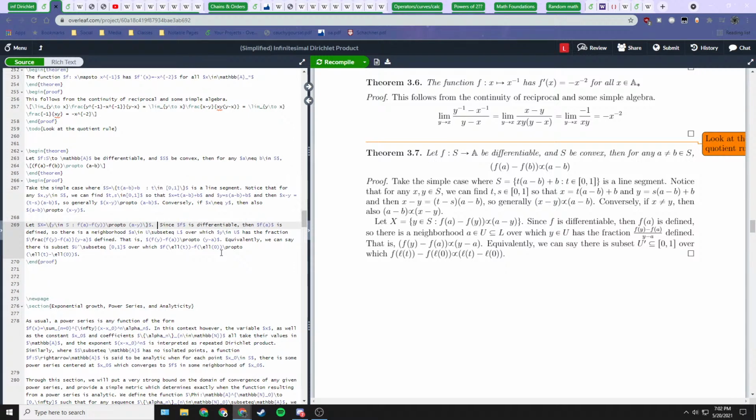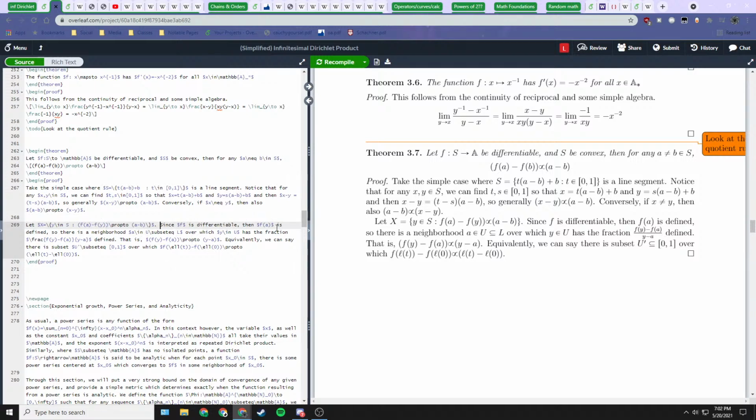Sorry, rather, for any y, let's do that instead. So proportional to a minus b, that's actually what we want. Let X be the set of y in S such that this difference, f of a minus f of y, is proportional to a minus b.